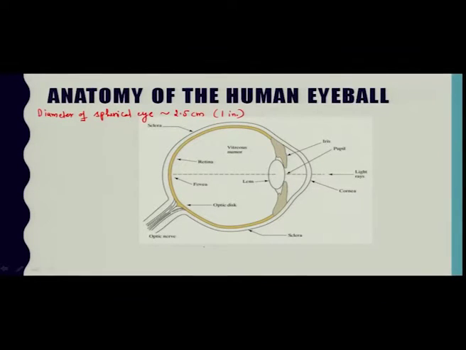So this particular eyeball is protected by a tough outer shell. As you can see, this sclera is the outer shell. The outer shell is known as sclera.